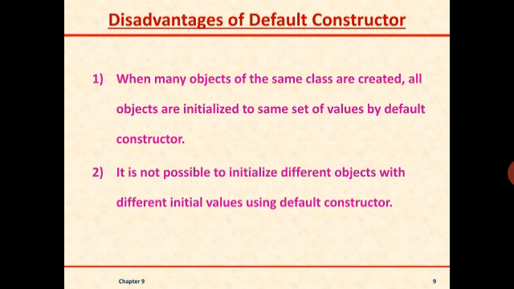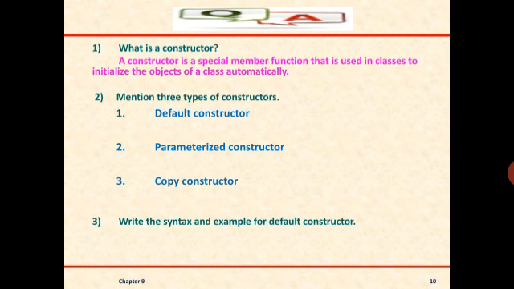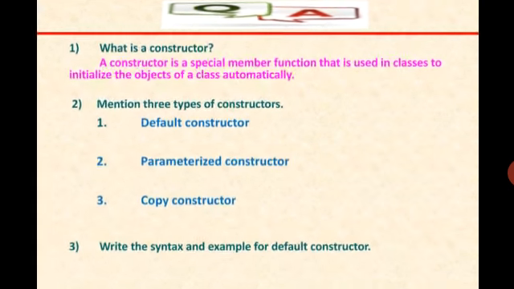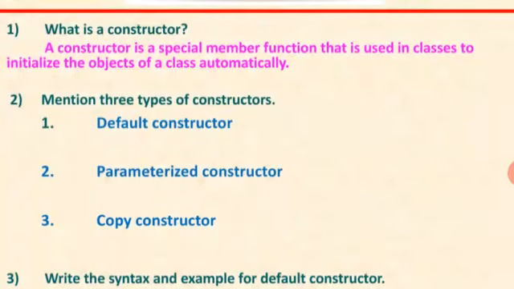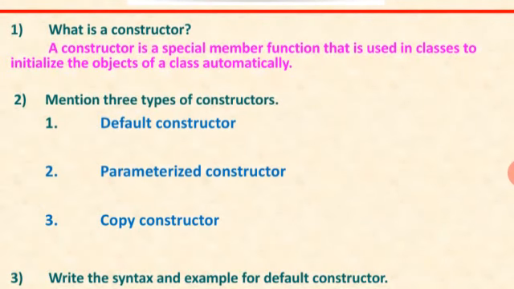So students, you have to remember the definition of the default constructor, features, programming example, and its disadvantages. Finally, let us recall with a few questions and answers what we have learnt in today's class.